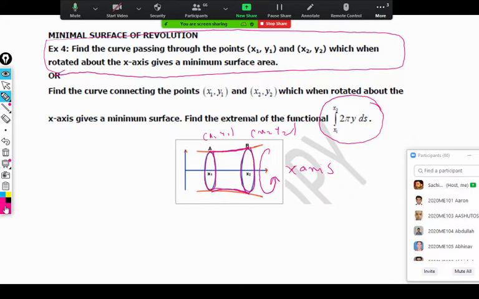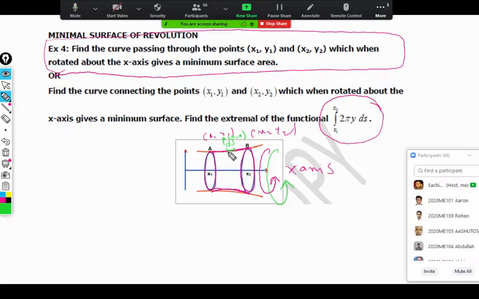For this, take some particular point, say P(x, y), any point. At that point, suppose ds is a small arc length of the curve AB. Can anyone tell me what surface will be generated when you rotate this small arc length ds about the x-axis? It is not exactly a cylinder, it is a frustum, the outer surface. But the height is very small, so I will say it is like a circular disc.